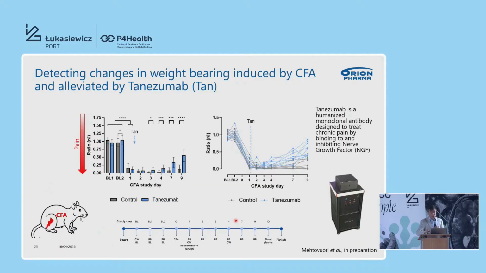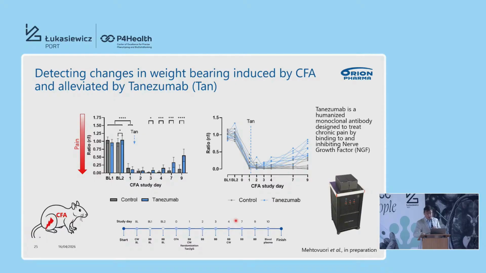For example, in this type of data, when we injected complete Freund's adjuvant into one paw of the animal, we see the weight distribution is dramatically affected, in that the animal will avoid using the injured leg.